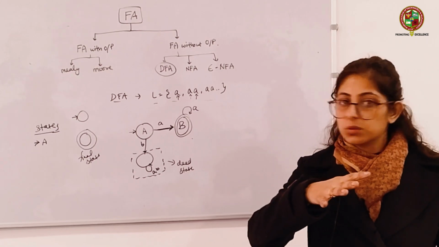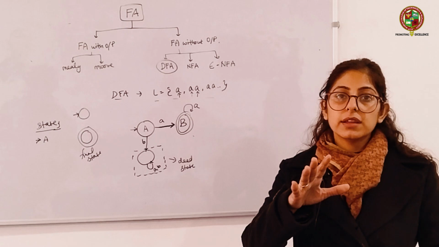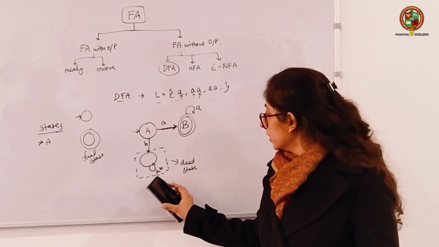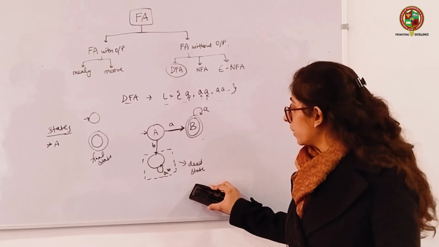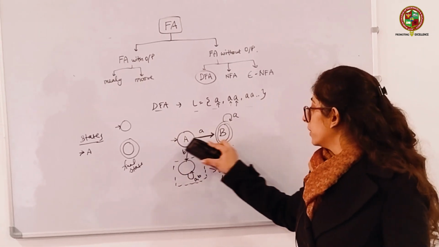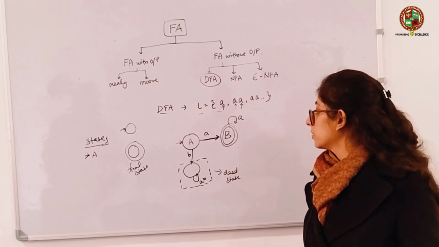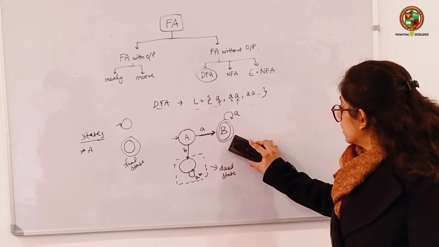Would you like it or not? No, we don't like it. I am writing something important and suddenly another pop-up comes which I don't want. Such states are said to be dead states. We don't want that to happen. That's why for the smooth execution of the machine, whichever input I give should get accepted into the final state and not go to the dead state.